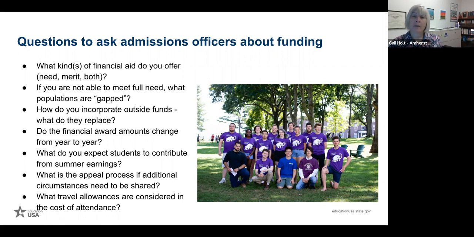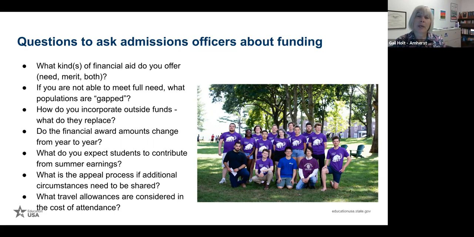Almost every US institution has an increase in cost each year. So what will happen? Will the financial aid increase along with those costs, or should families be expecting to pay more each year? Is there going to be an expectation that students contribute any amount toward their education, potentially from summer earnings?